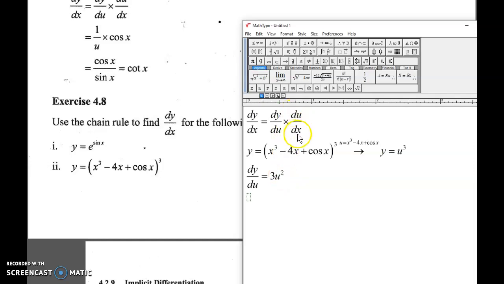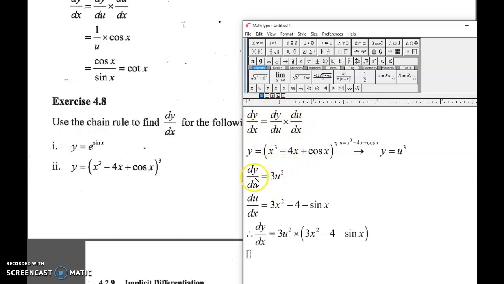The next one is du over dx. We have it here, u in terms of x. So in other words, we are going to differentiate u, this whole function here, to get du over dx. Just differentiate it as it is. We have the power rule here, we also have a constant, and we'll have a trigonometric term. So differentiate them accordingly, and you'll get this. The next thing to do is to input all of them in this formula.